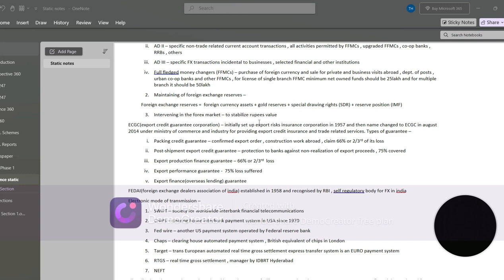This was initially set up as the Export Risk Insurance Corporation in 1957, and then the name was changed to ECGC in August 2014 under the Ministry of Commerce and Industry for providing export credit insurance and trade related services. Let me just highlight it.